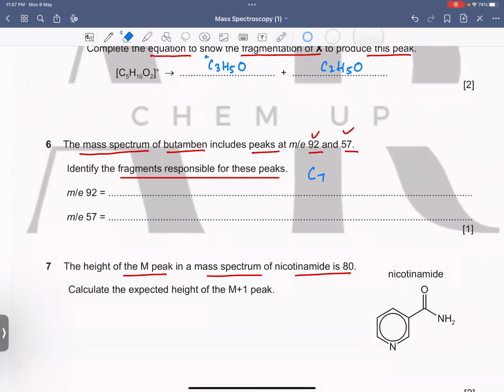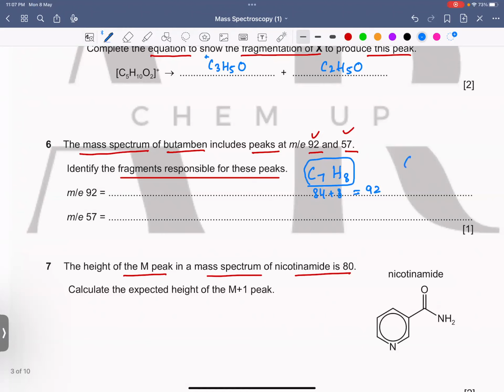And hydrogens would be 8, so H8. It would give you the 92, but it means that there must be multiple double bonds. So you can write this one as well.